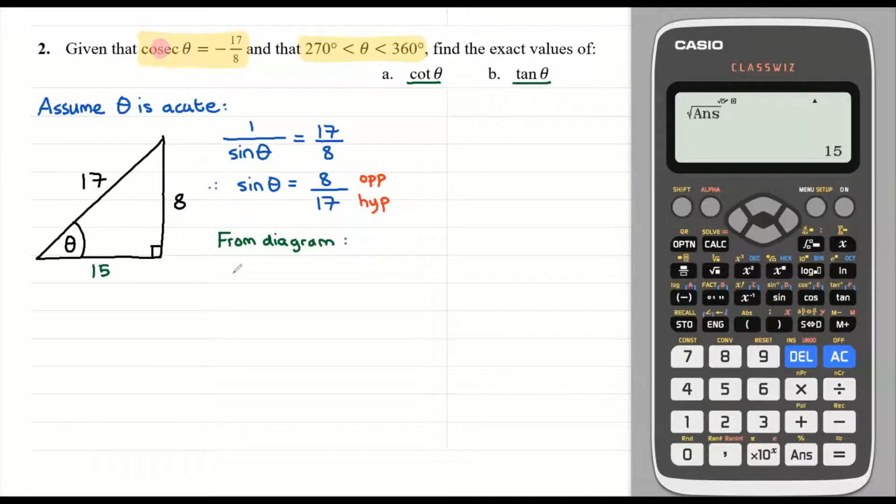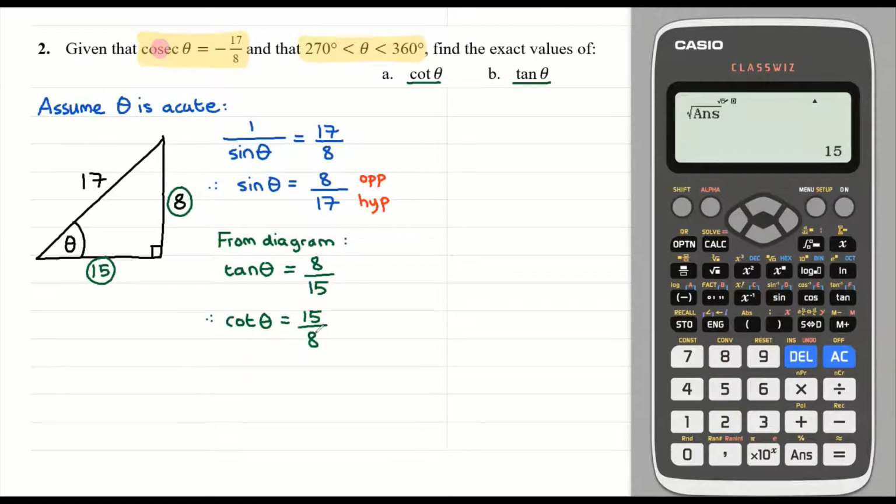So we can see that tan theta is the opposite over the adjacent, so 8 over 15. So that's done. And to get cot, we reciprocate that. So therefore, cot theta is going to be 15 over 8. Okay, and we've got the values.